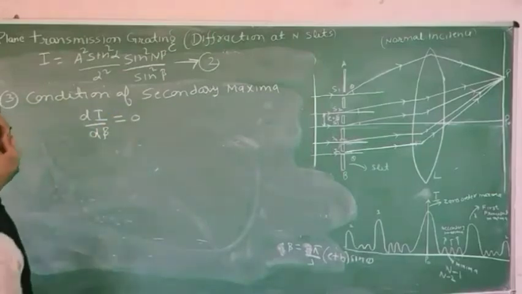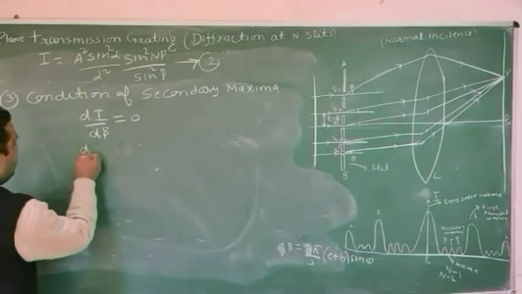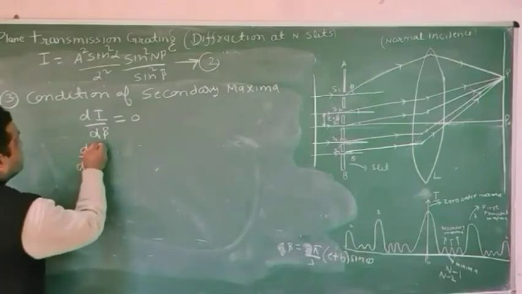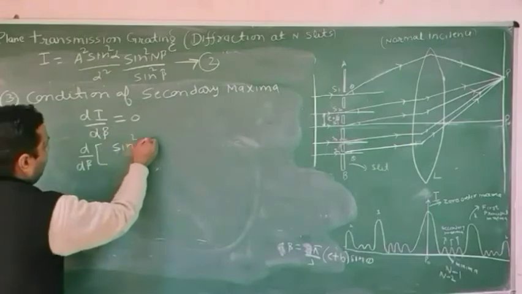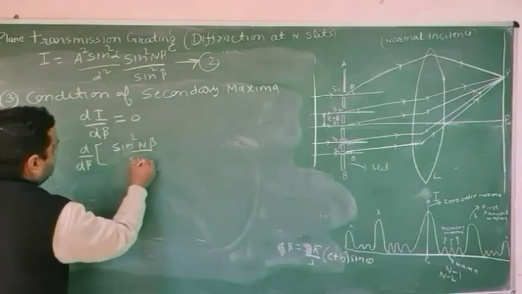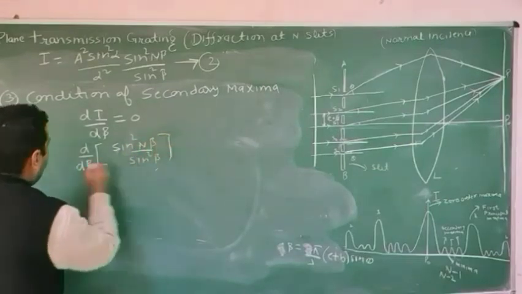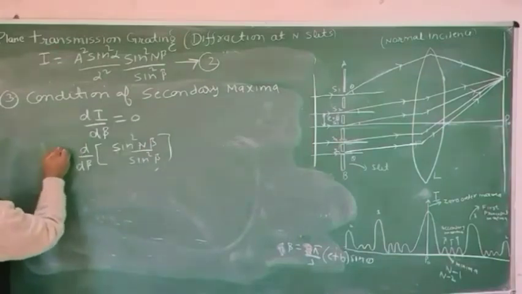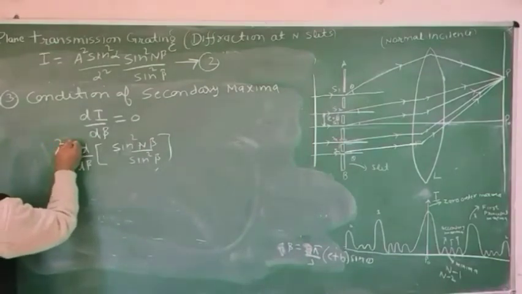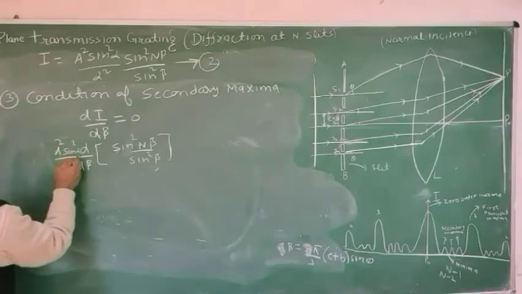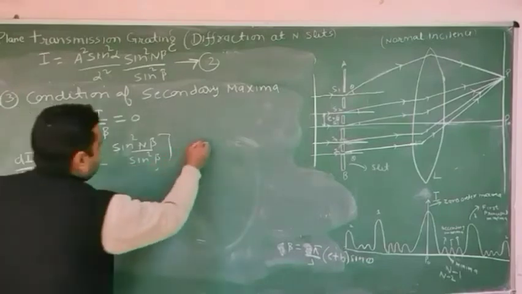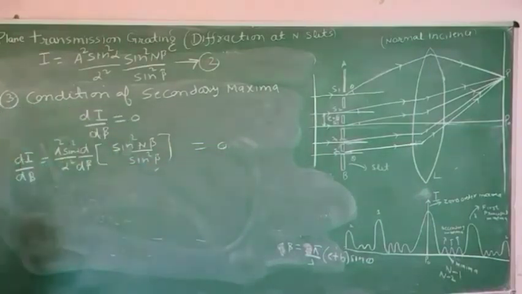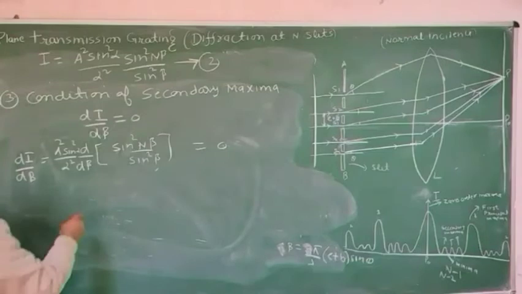From equation 2, d upon dβ, that is basically constant, sin square nβ upon sin square β. We are taking this outside, a square sin square α upon α square. That is d by dβ should be 0. So now differentiate this.